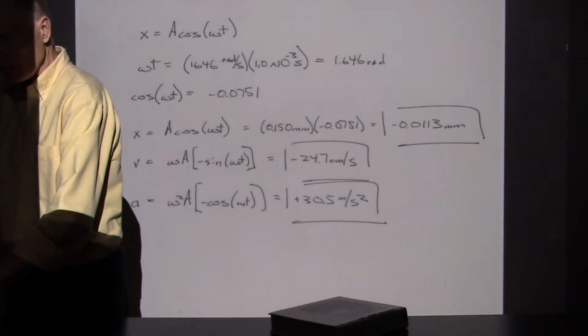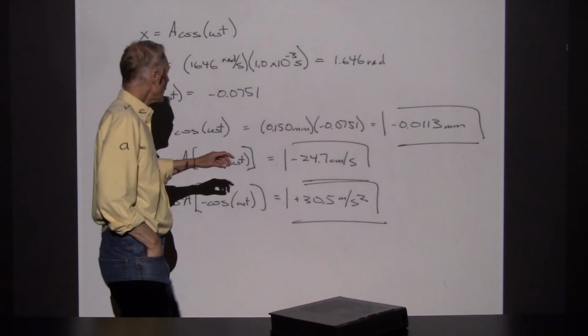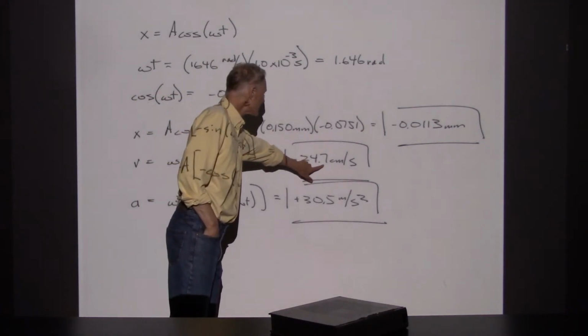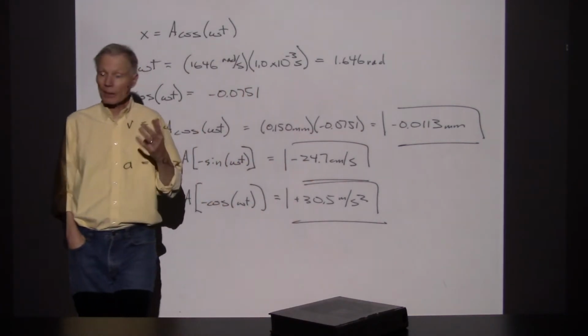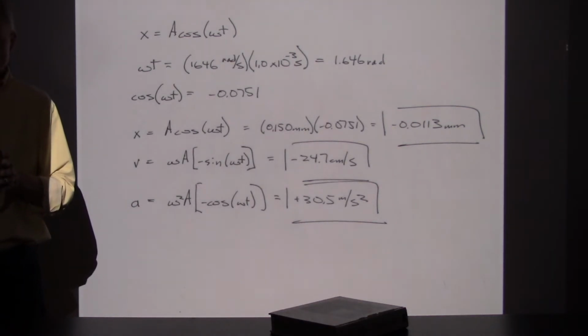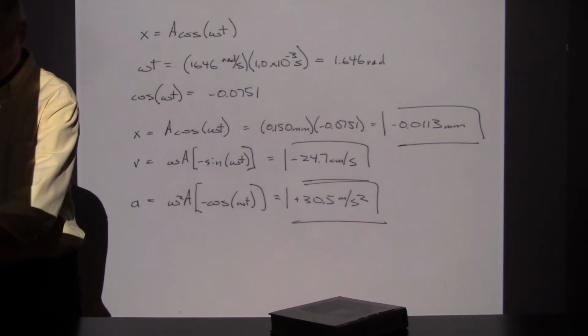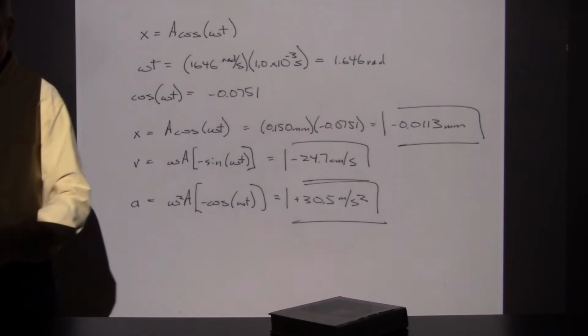Now, in addition, the velocity here at that point is negative, so it's minus 24.7 centimeters per second. And we go, yeah, that's true too. Not only are we at negative x values, but we're headed in the negative direction. Now, the acceleration is in the positive direction.